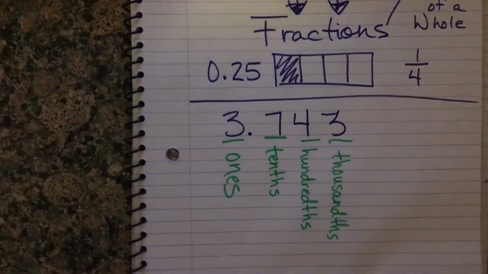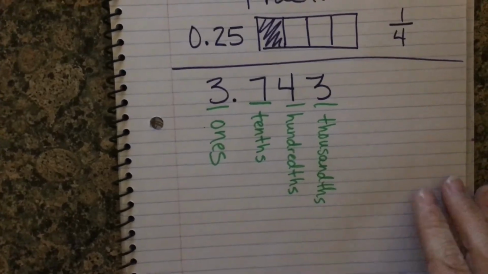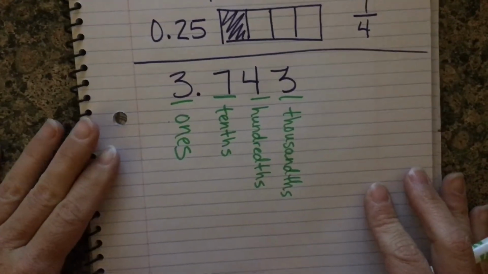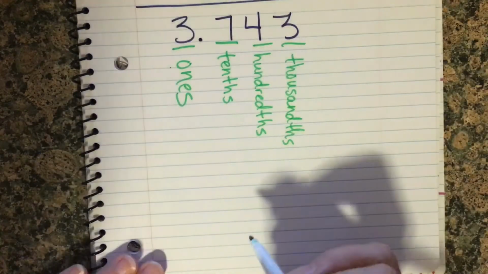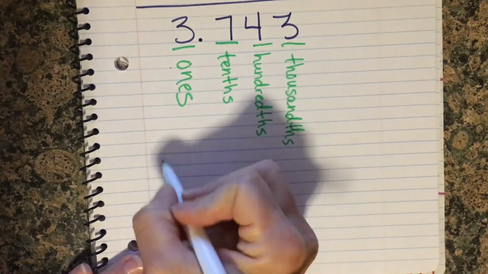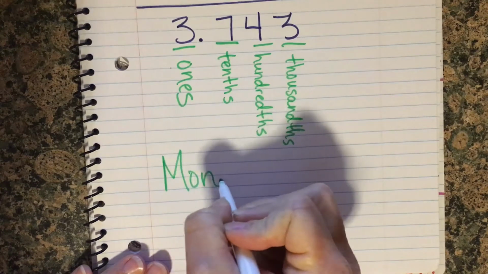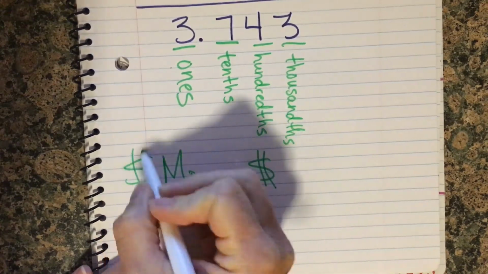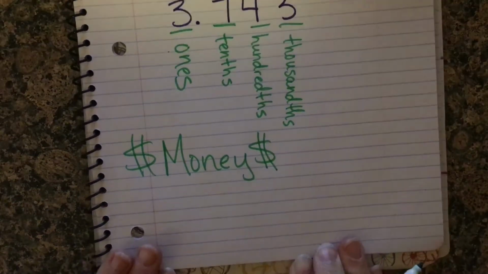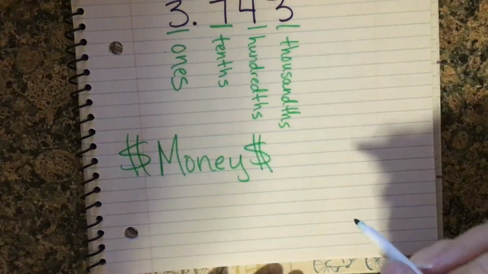So when you're looking at these place value spots and think about what they mean, what is a tenth and what is a hundredth, I want you to think about money. If you think about money, when you think about decimals, it makes a whole lot more sense. Most kids like money.